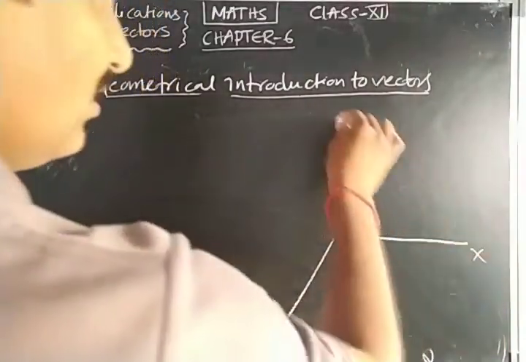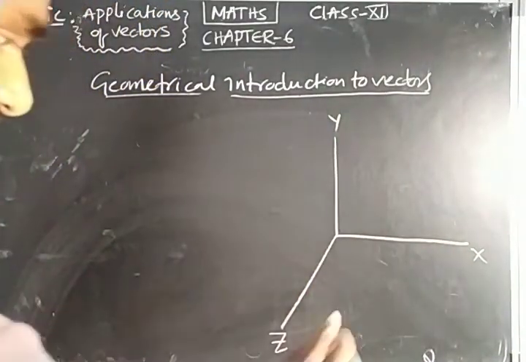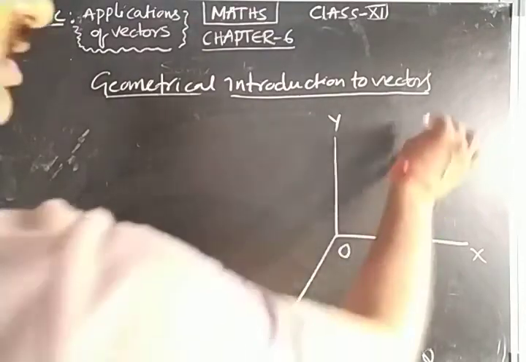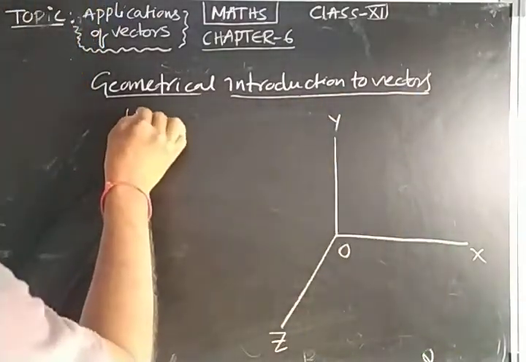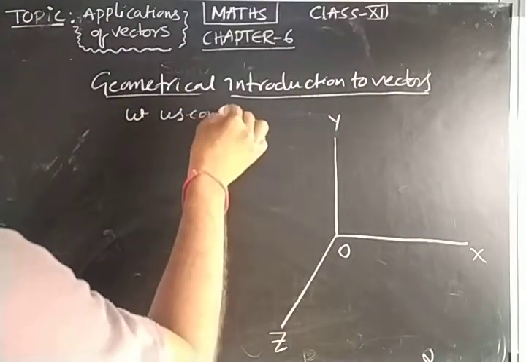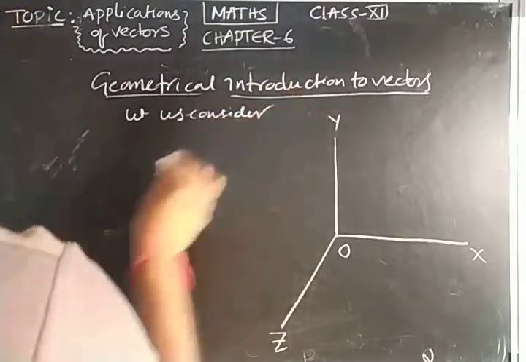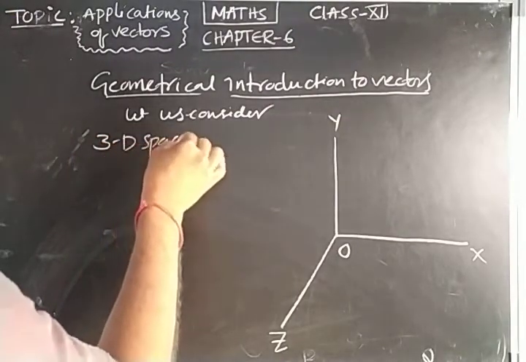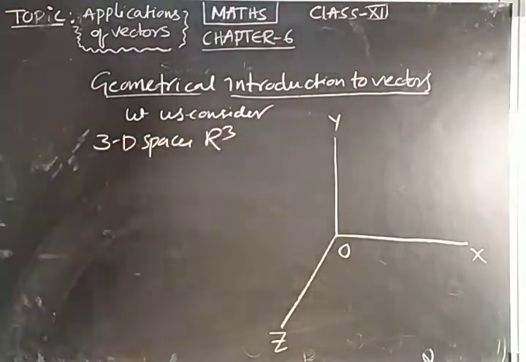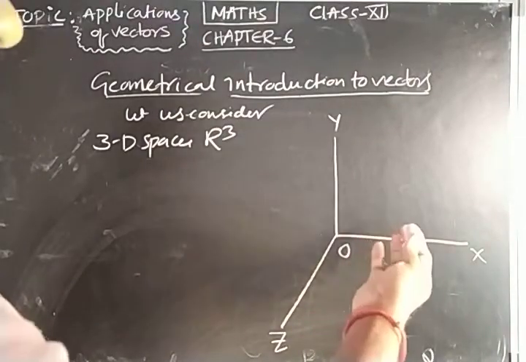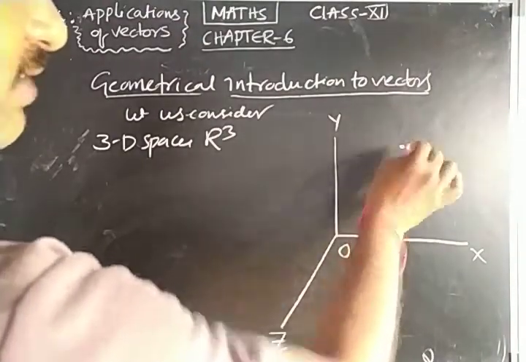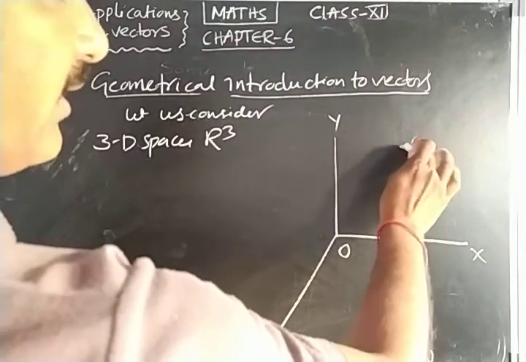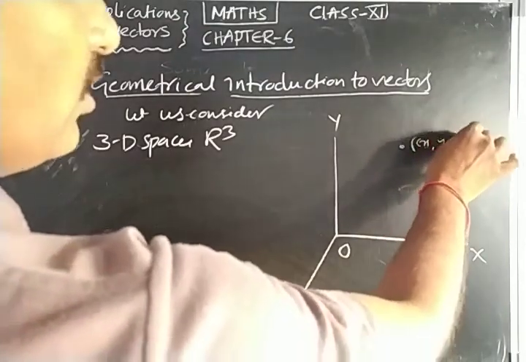This is the x-axis, y-axis, and z-axis. Okay, I am denoting this as the origin. So this is 3D space. 3D space is denoted by R cube. R cube means R cross R cross R. So if you take one point in the space, then it is denoted by x coordinate, y coordinate, z coordinate.